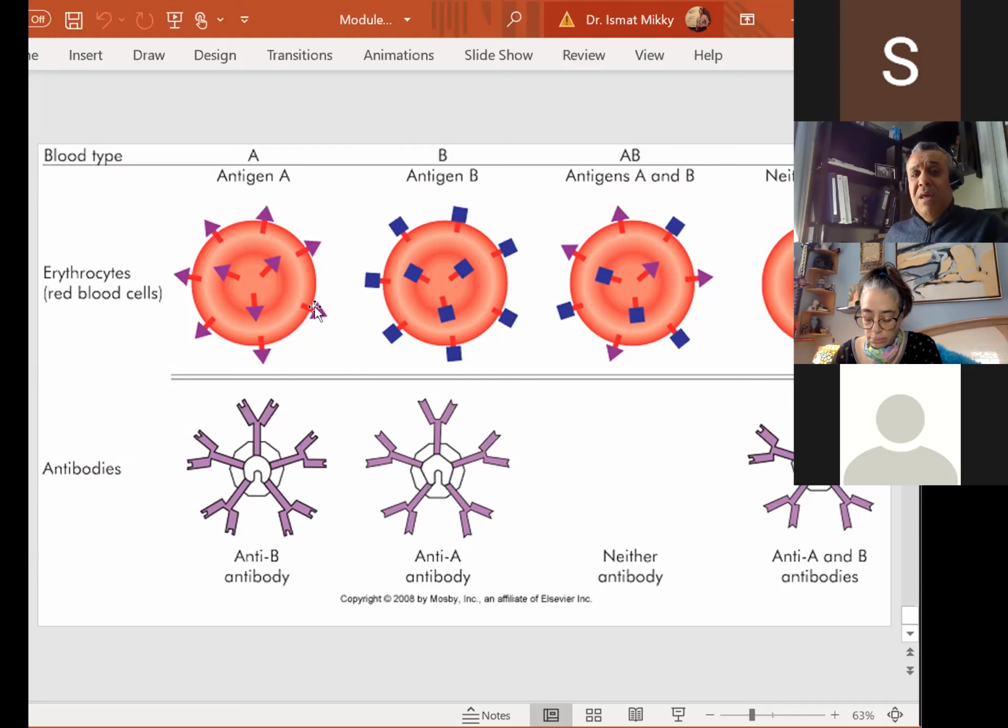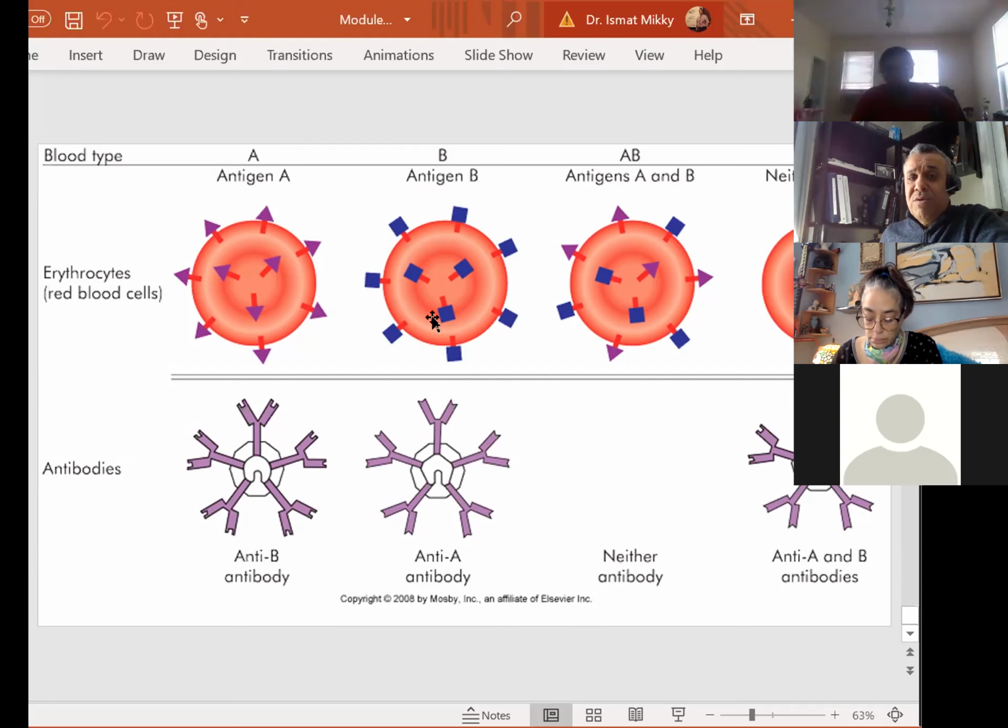B goes with B, A will go with A. And once the lock and key attached, then that will elicit the destruction of the RBCs. That is the immune response, which is hemolysis. That's why the patient's hemoglobin will drop significantly to low levels because of the hemolysis of the RBCs.